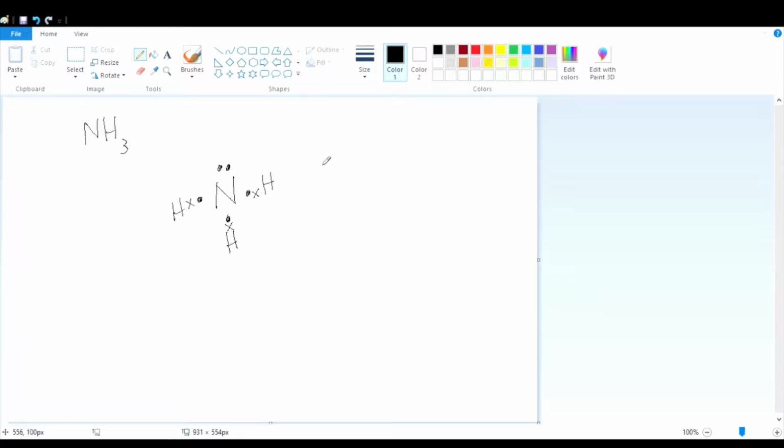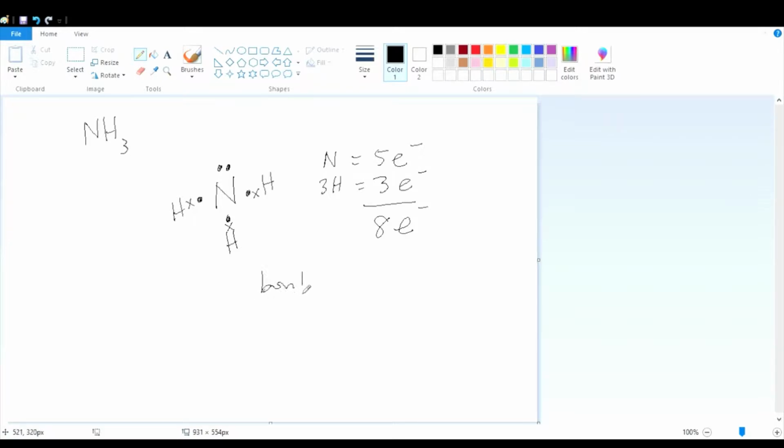Voila! That is your covalent compound. So let's count the electrons. Nitrogen as an atom has 5 electrons. 3 hydrogen atoms have 3 electrons. Total together is 8 electrons.